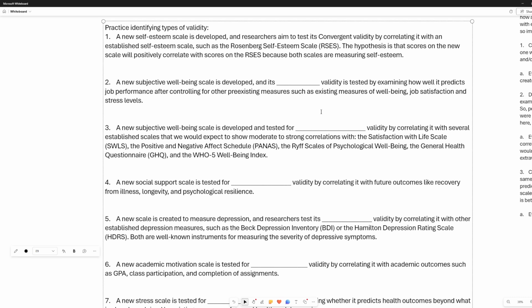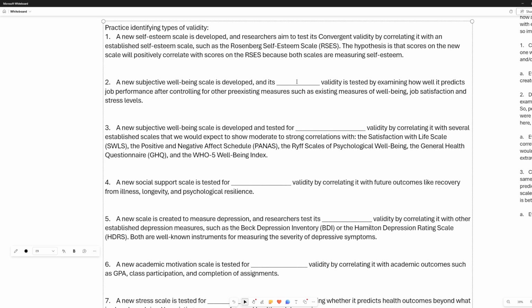A new subjective well-being scale is developed, and we are testing for its blank validity by examining how well it predicts job performance after controlling for other pre-existing measures. Now, we already know it's something having to do with criterion validity because you're examining, does it actually predict outcomes? So we have to ask ourselves, does this sound more like concurrent, in which case it's measuring the outcomes at the same time point, or does this sound more like predictive, where we're measuring at a different time point?